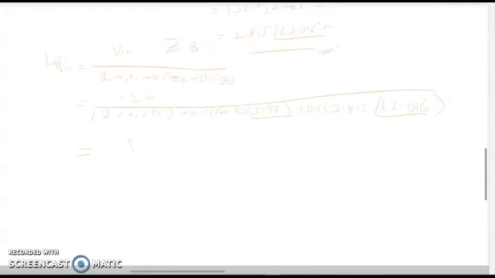Then you divide 120 volt by them. You solve the below value first, 25.056 with the angle of 52.535, and then you get the value 4.789 with the angle of 52.535 ampere.